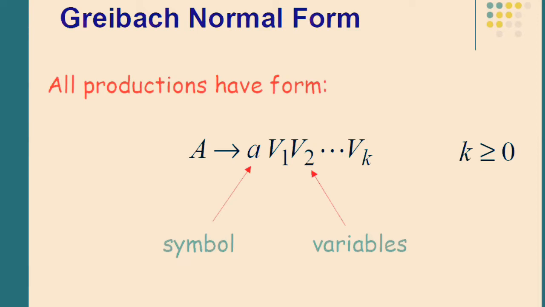You can see the example string also. The prefix string is plus 5 star 2 3. When you solve it, you will get 5 as the result. So Greibach normal form is basically indicating prefix notation.